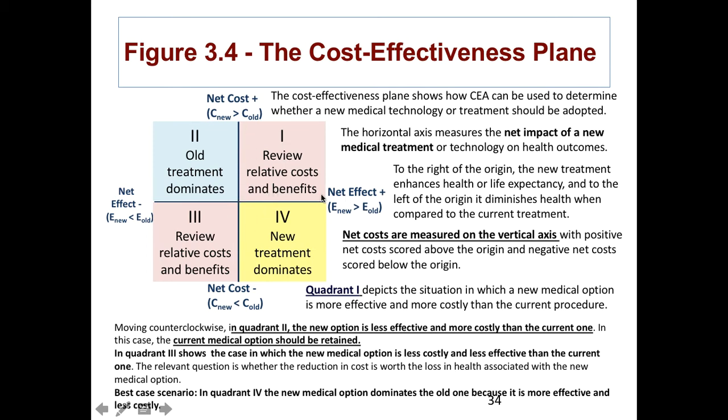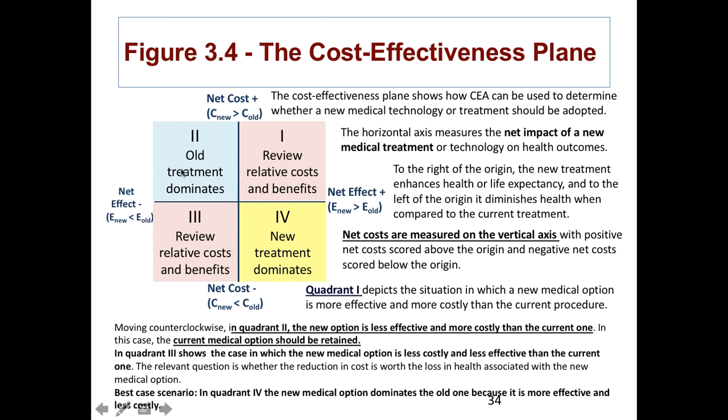So we need a threshold here to tell us how much more costly is acceptable for a new drug. Usually $50,000 per patient per year is acceptable, and we talk about that. This is questionable and depends on how much more costly and how much more effective.